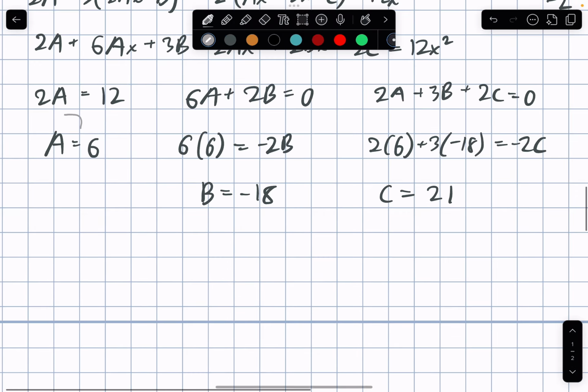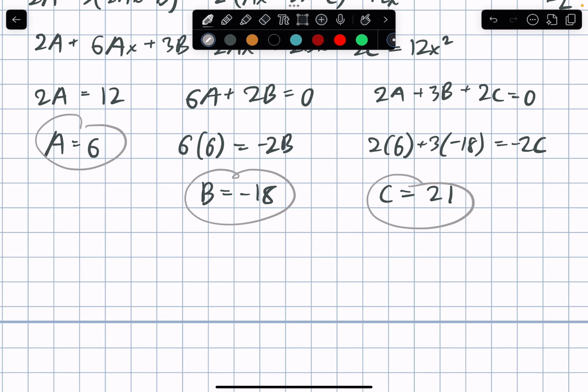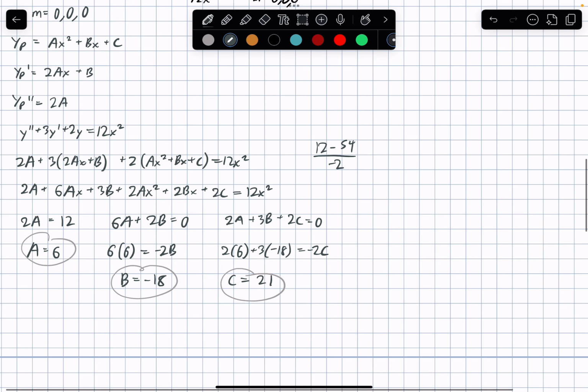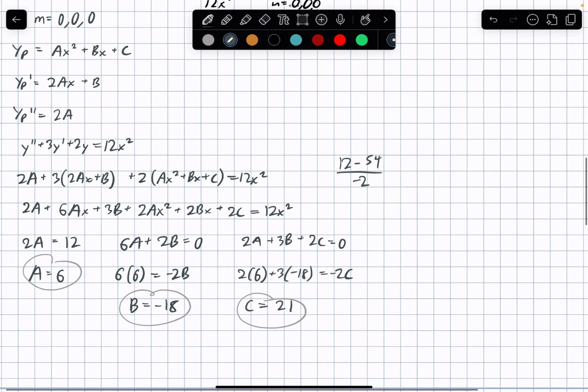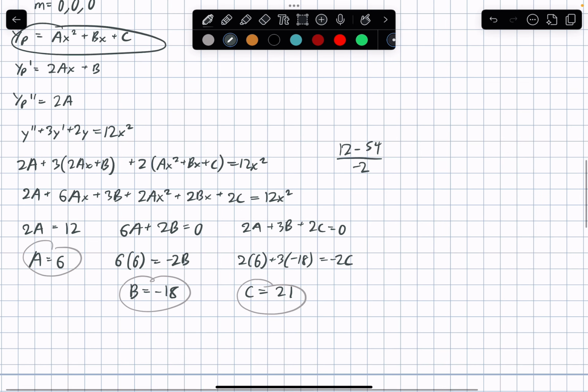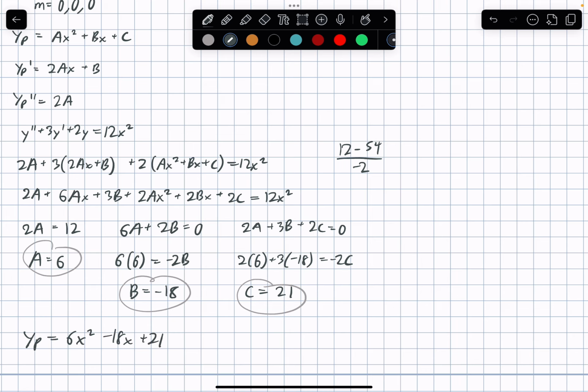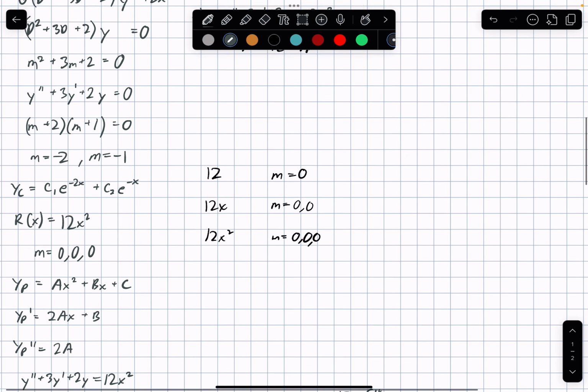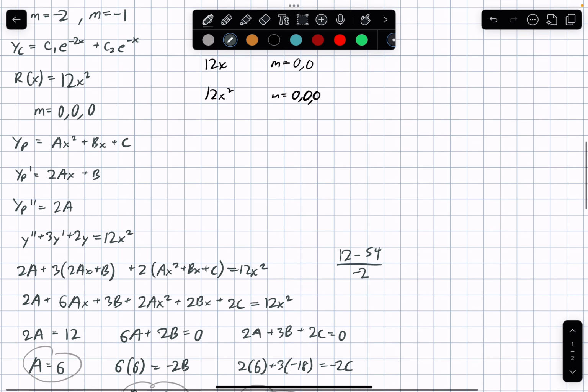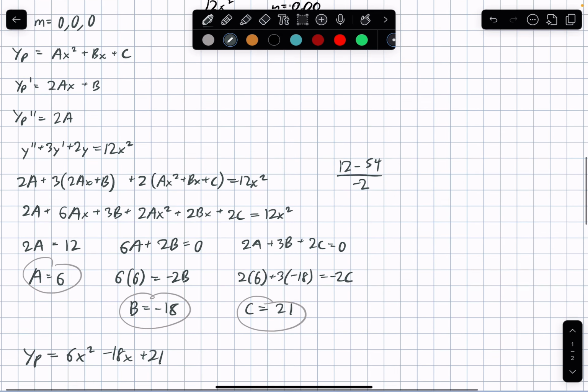Okay. So after finding a, b, and c, let us now substitute back to our equation yp. 6x squared minus 18x plus 21. Okay, so that's our yp.